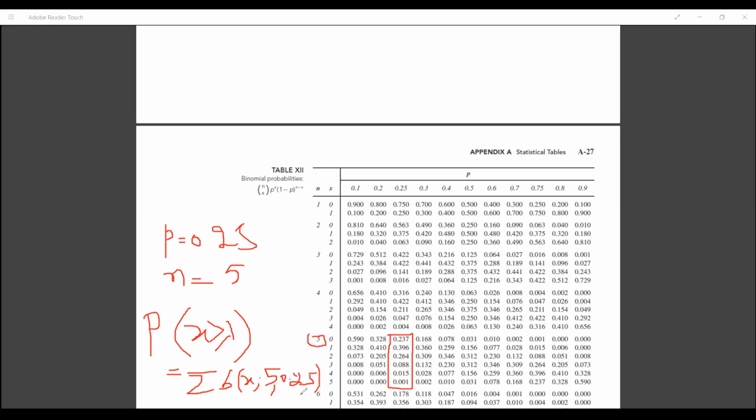Directly you can obtain this number for X equal to 1 to 5. So you have to add all these numbers. If I add all of the last 5 numbers, this will be the answer. Otherwise, I have to subtract 0.237 from 1.